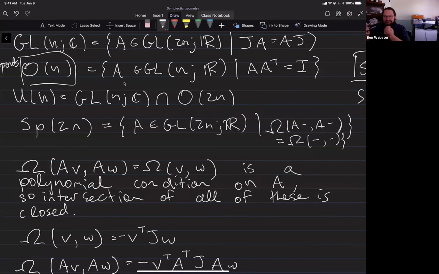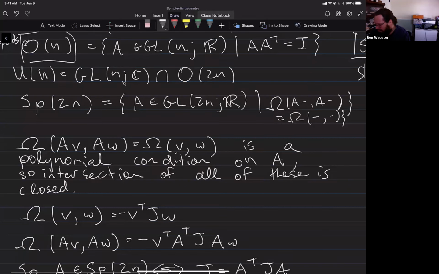Anything that involves equalities like that is a closed condition. One way to think about it is you can write out this equation for every pair of vectors v, w. Every one of those is a polynomial condition on the entries of A, and so it defines a closed set.